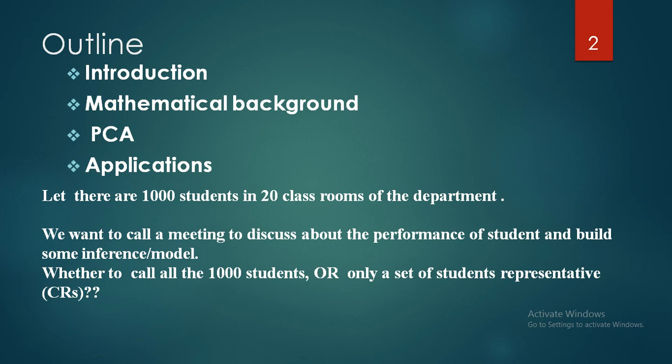So of course our answer is to call only a set of representative students which represent all the population of the students in the classes, so that our message can be conveyed, or whatever inferences we want to get, we can get.